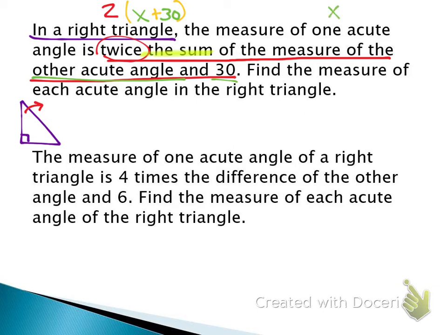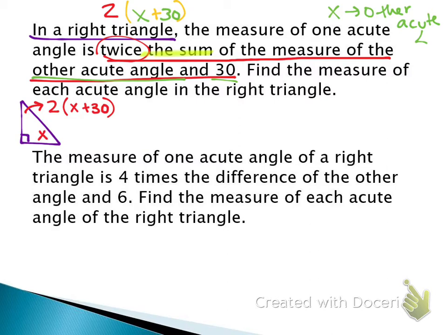Remember, x is the other acute angle. So now we know one of our angles is twice the sum of the other acute angle and 30. And then what are we going to call the other acute angle in our triangle? x.